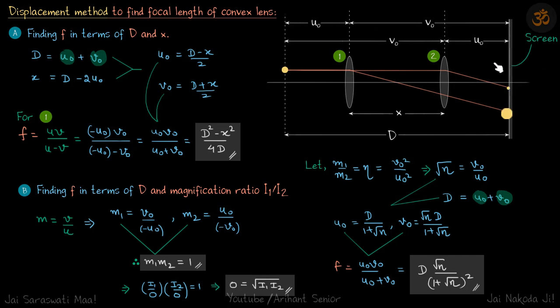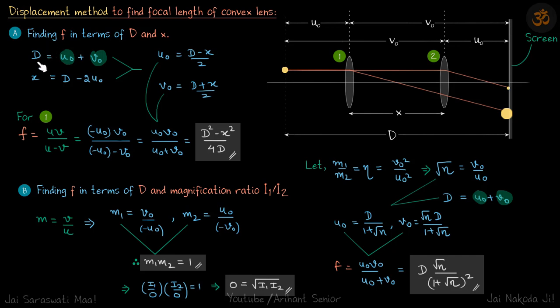And if you see from the left, for this lens the object is again at a distance u0, and then the image forms at a distance v0. So the case is the same.